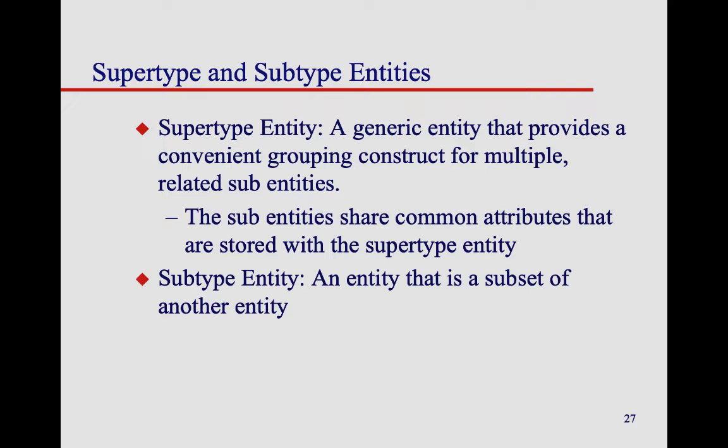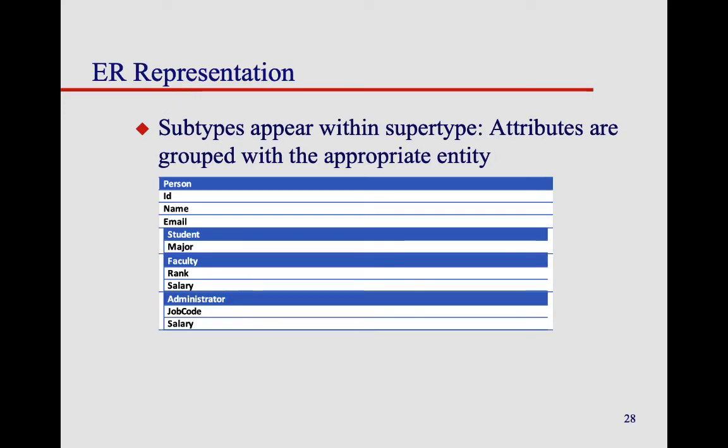We also have a distinction between supertype and subtype entities. Let's start with an example. Let's say at a university we have a person, and then we have certain types of subtypes: student, faculty, and administrator. All of these subtypes have some common attributes: an ID, a name, an email address that we assign them.